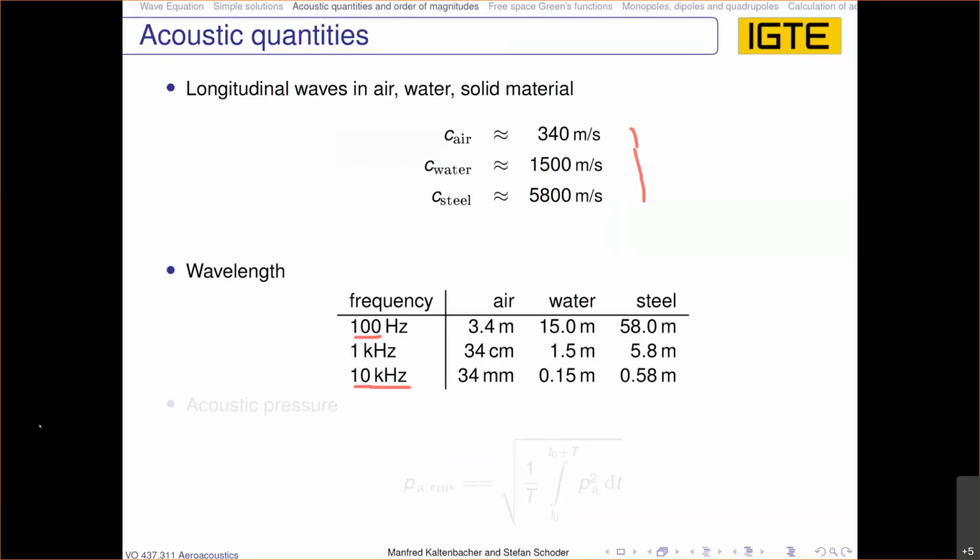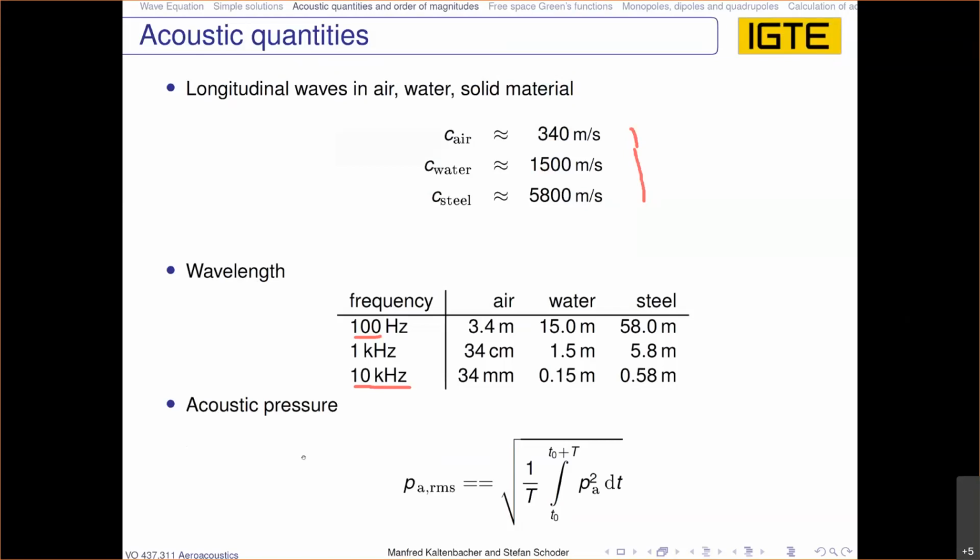And as I have told you, the most important quantity is the acoustic pressure. Now, what to do with the acoustic pressure? If you record with a microphone, you get a value over time. You can plot it in a time plot. But we always want one quantity, to have some idea how strong the acoustic field is.